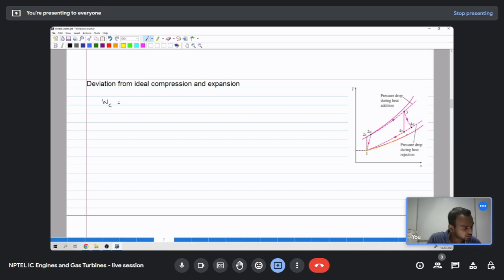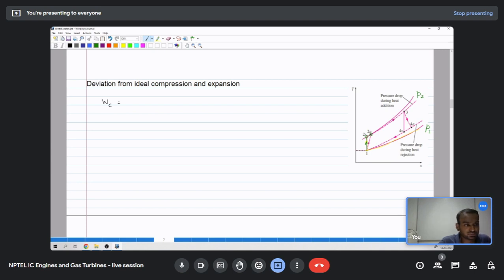When we compress from pressure P1 to P2 at constant entropy, I would end up in state 2s, but in a real case there will be some entropy generation and I would end up in 2a.